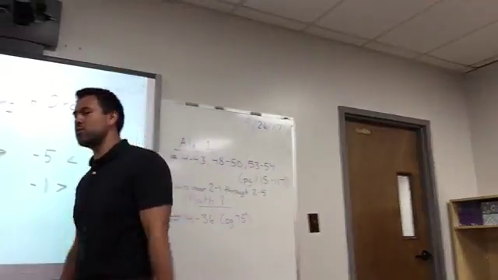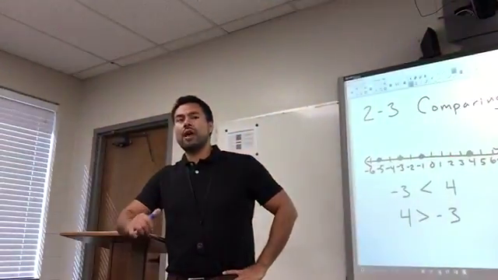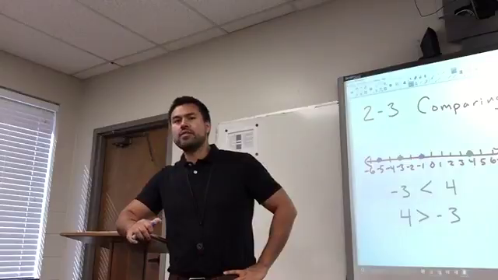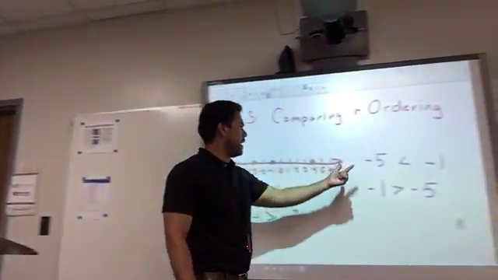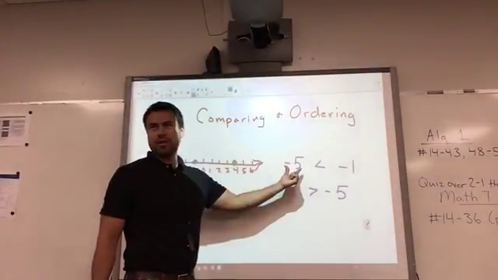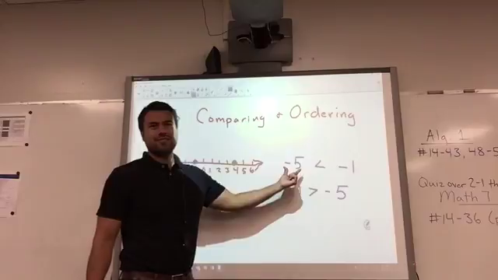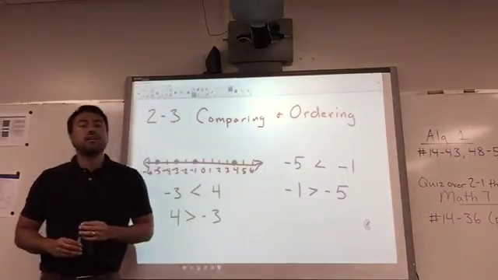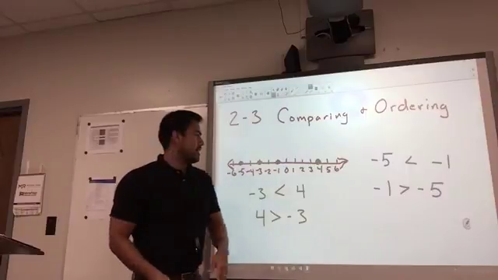Now, listen to this third question. Which number has a greater absolute value? Rosa? -5. Wait, I thought -1 was bigger. Caroline? But the absolute value is how many numbers it is away from 0.